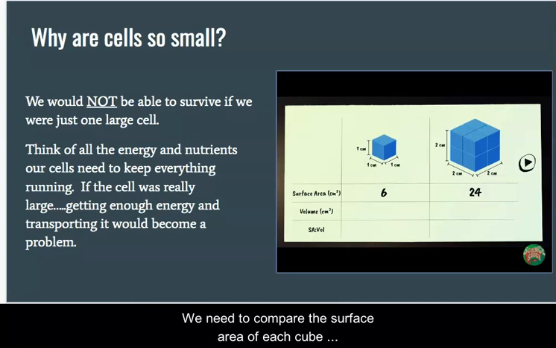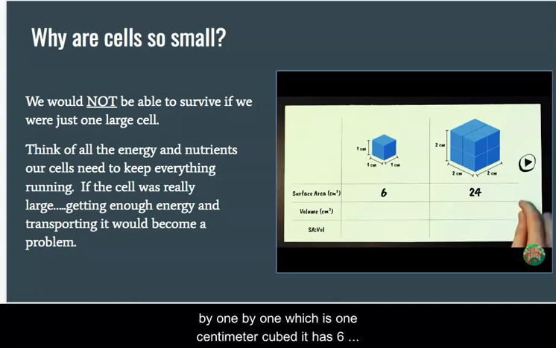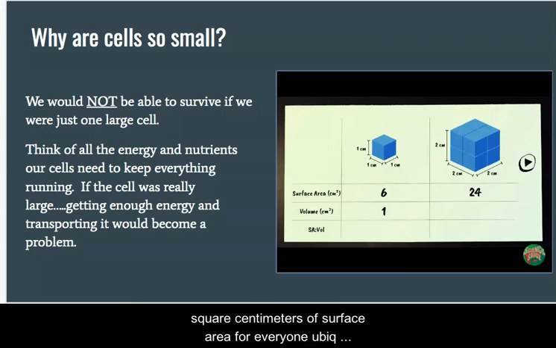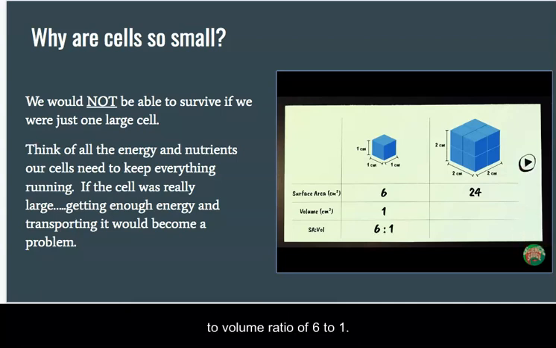We need to compare the surface area of each cube with its own volume. The small cube has a volume of 1 by 1 by 1, which is 1 centimeter cubed. It has 6 square centimeters of surface area for every 1 cubic centimeter of volume. We can say that it has a surface area to volume ratio of 6 to 1.